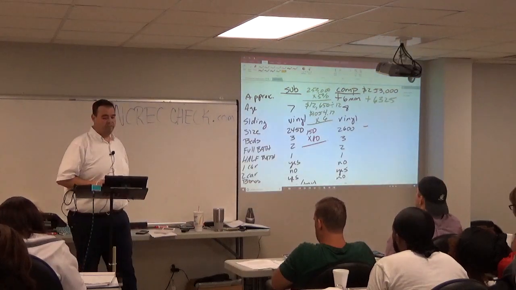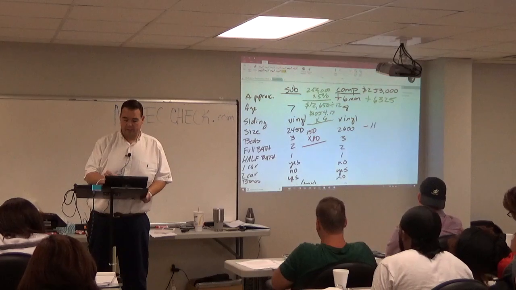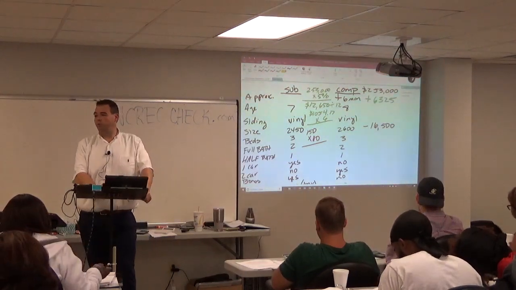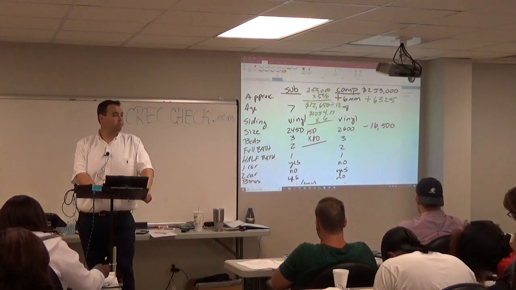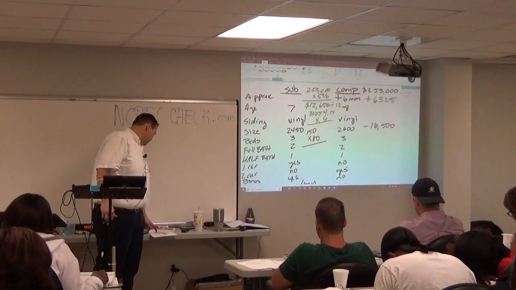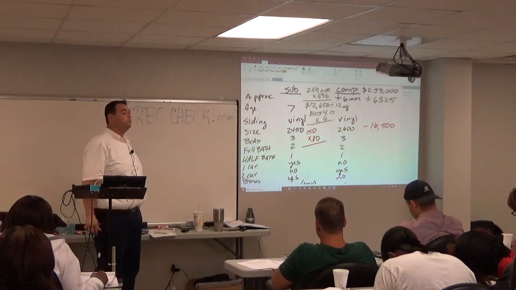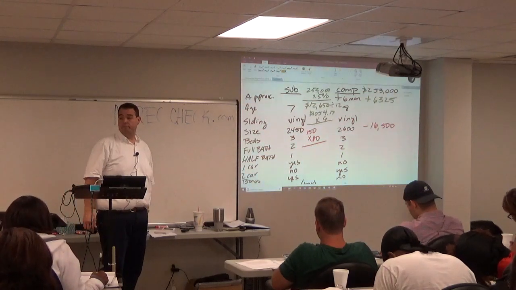What is that, 16,500? Is that right? So minus $16,500 is my adjustment for square footage. We all okay with that?